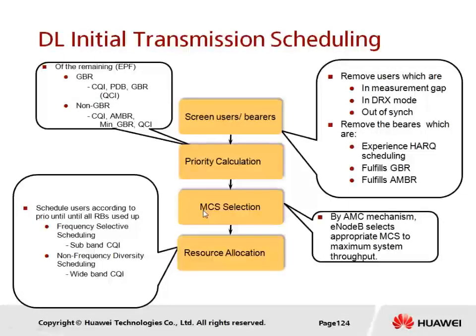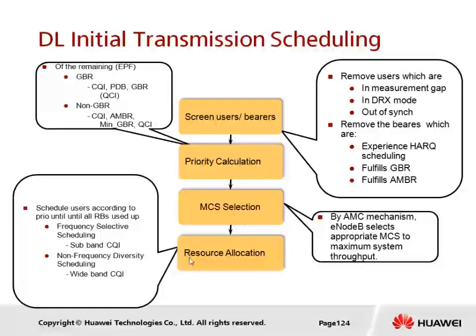Then for modulation and coding scheme selection, LTE is adopting an adaptive modulation coding mechanism, where the eNodeB considers the CQI of the user and the transport block size of the data, then selects an appropriate modulation coding scheme.